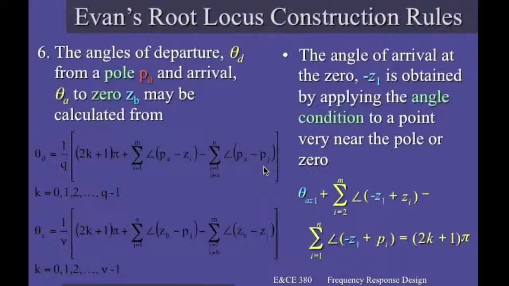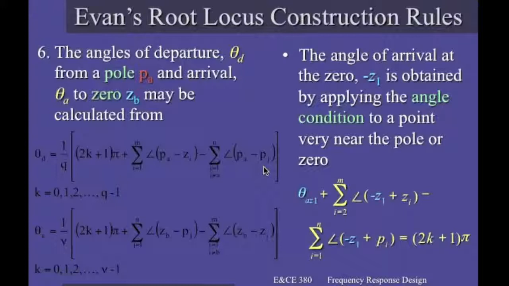And then the formula is taking the sum of all angles formed by the complex number obtained by subtracting each zero from the current pole.